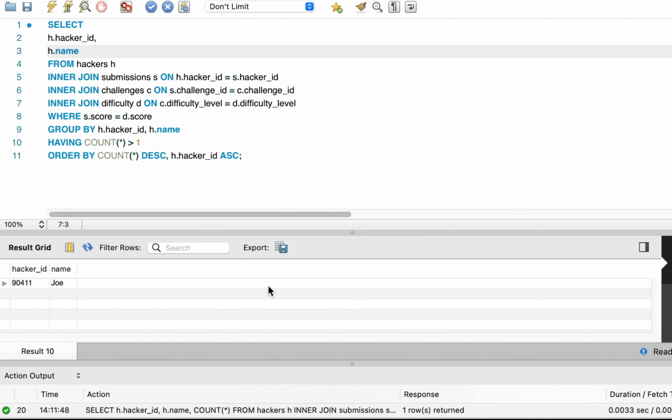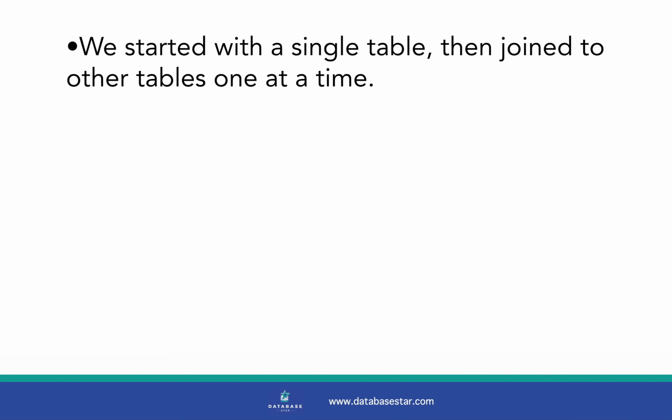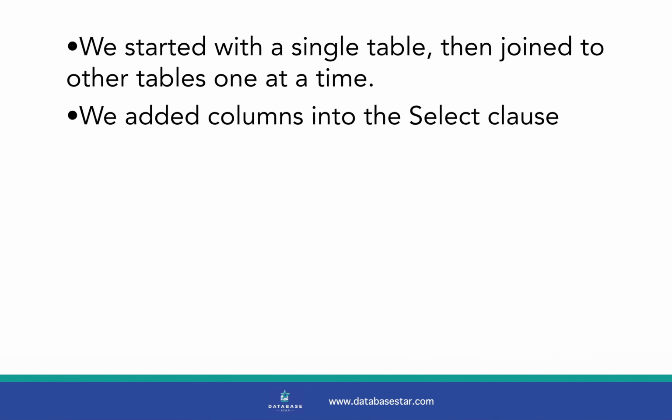To get to this query, we started small and simple. That's the best piece of advice I can give you if you need to write your own complex query. We started with a single table, then joined to other tables one at a time. We added columns into the select clause, even though we didn't need to, just to see the data that we were working with.